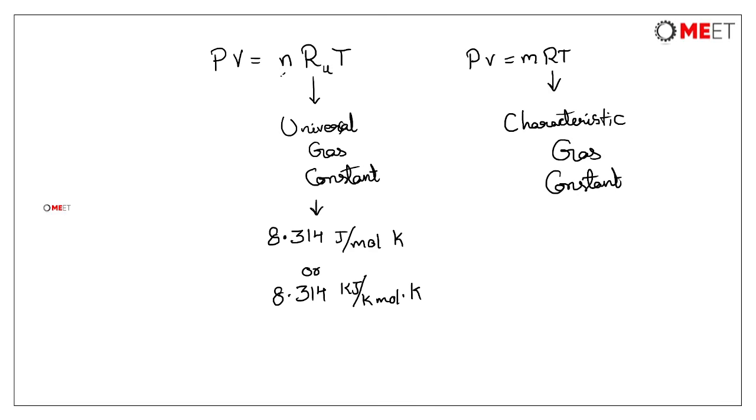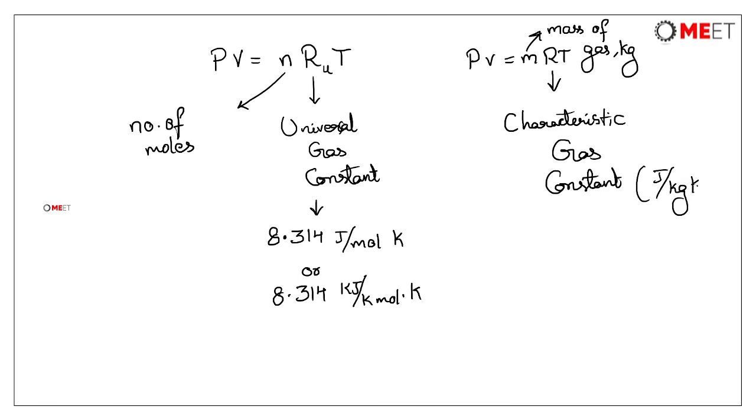Here n is the number of moles, whereas the m in the PV equal to mRT equation is the mass of gas, which is taken in terms of kgs. So when we take this characteristic gas constant, the unit will be joule per kg Kelvin or kilojoule per kg Kelvin.